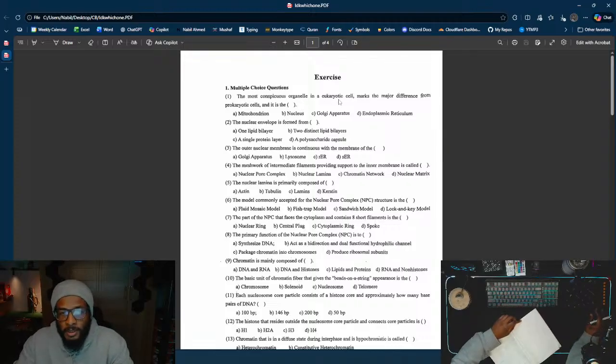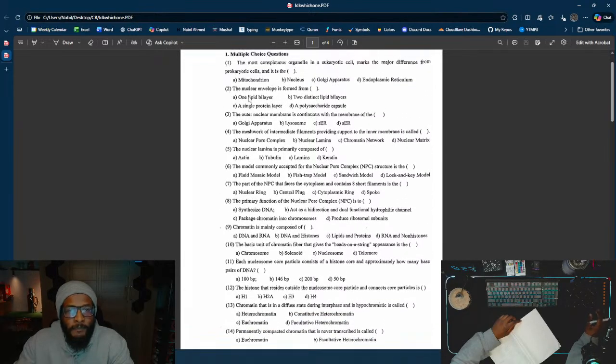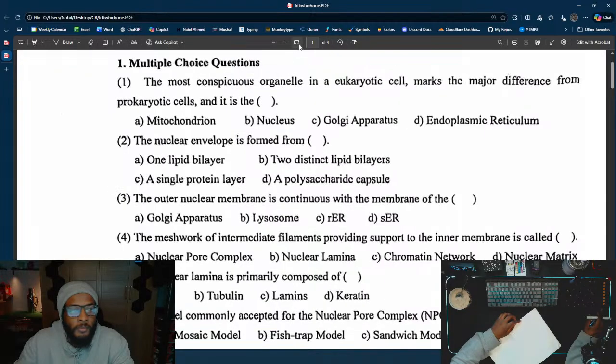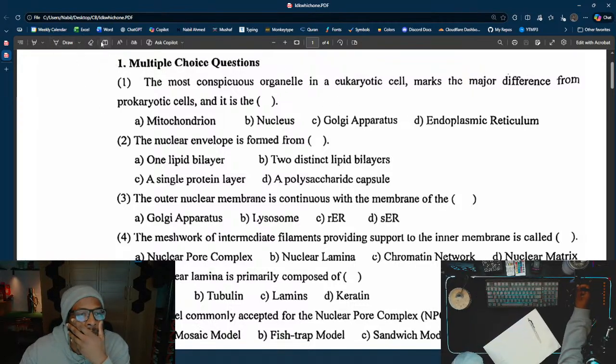The most conspicuous organelle in a eukaryotic cell, marking the major difference from prokaryotic, is the nucleus, obviously. The nuclear envelope is formed from two distinct lipid bilayers. Can we use it? We can use it. There we go.